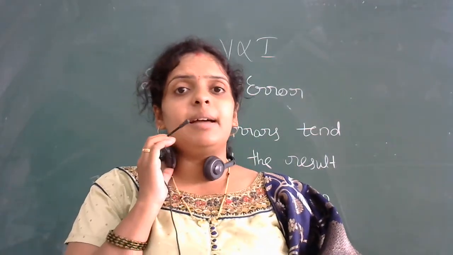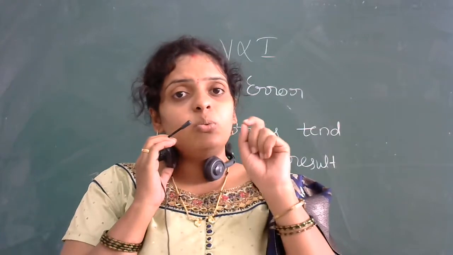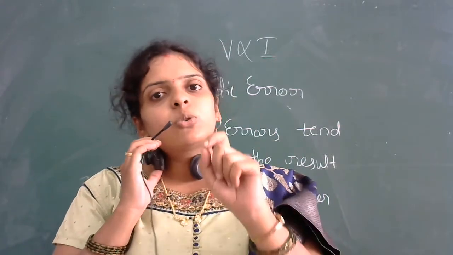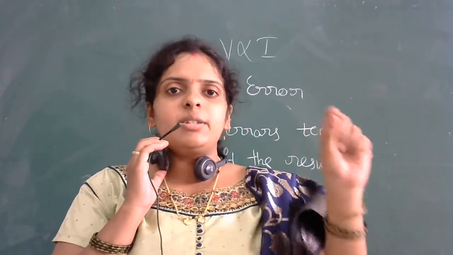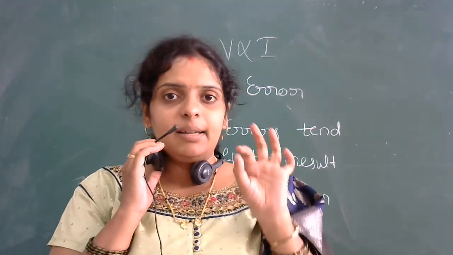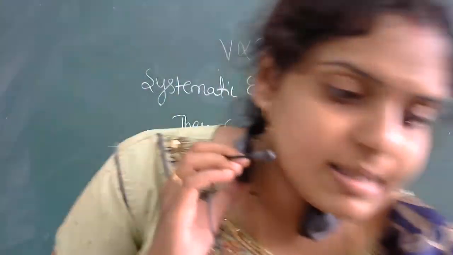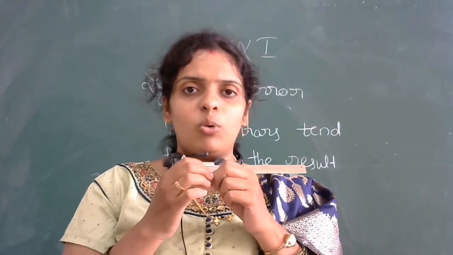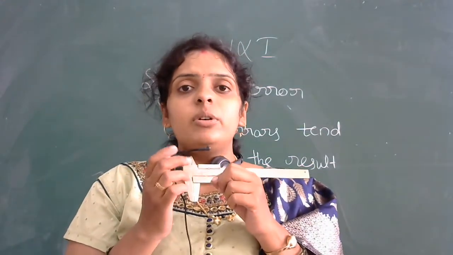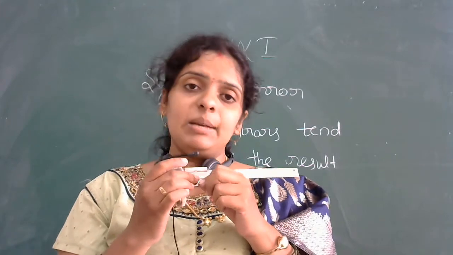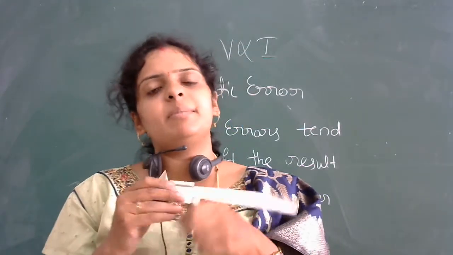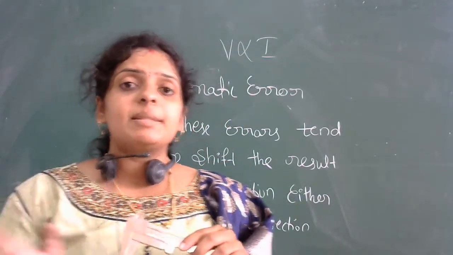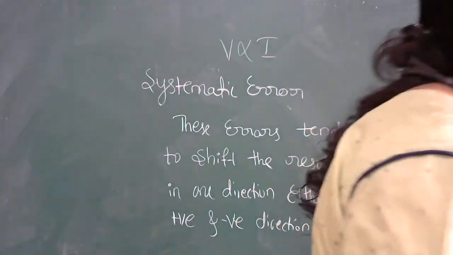Personal error means what? Suppose the person who is having specs sees a different reading, and the person who does not have specs sees a different reading. If you see this vernier scale, the lines on it are very small lines. So the person with specs may feel a different reading and the other person may feel a different reading. Sometimes the error occurs because of that reason also.